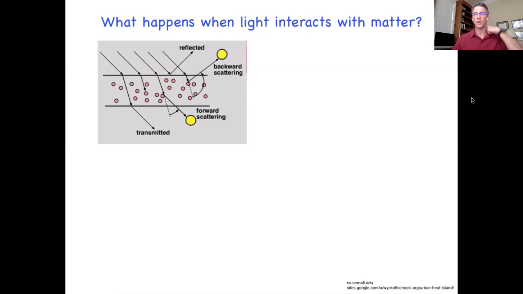It can interact with elements in the transmitting medium, and not simply reflect, but scatter off. There are a couple of different ways in which scattering can happen. It can happen with no loss of energy, which is known as Rayleigh scattering, or with a partial transfer of energy in a fascinating process known as Raman scattering.